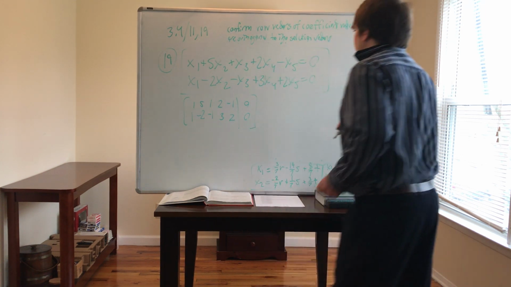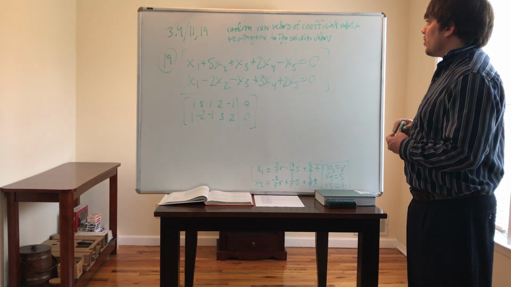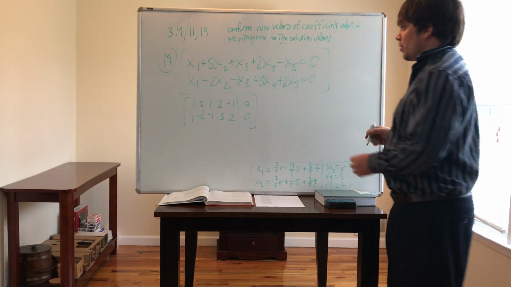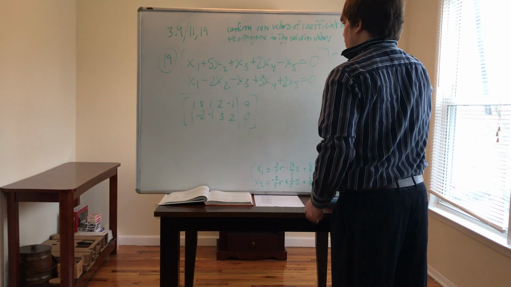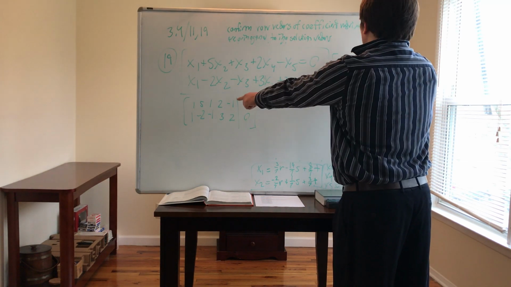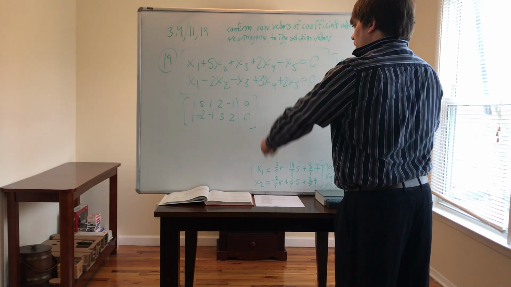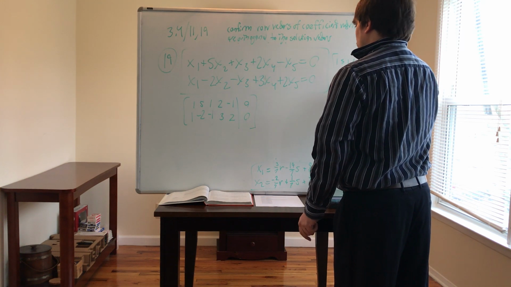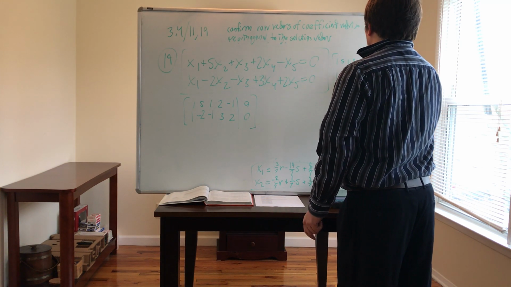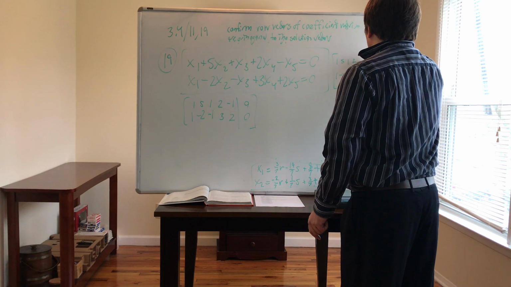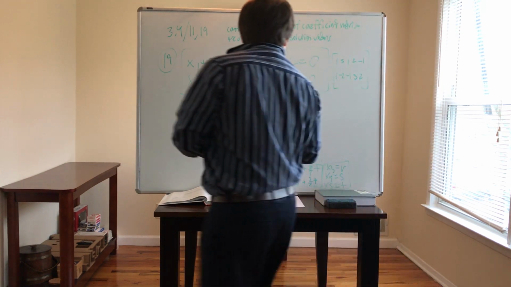Okay? So actually, if we just look at the coefficient matrix, I'm going to write that here. It's 1, 5, 1, 2, negative 1. 1, negative 2, negative 1, 3, 2. This is the coefficient matrix to that linear system.